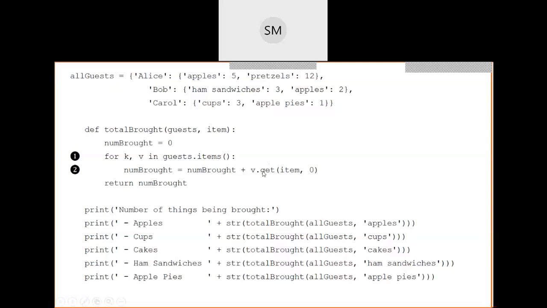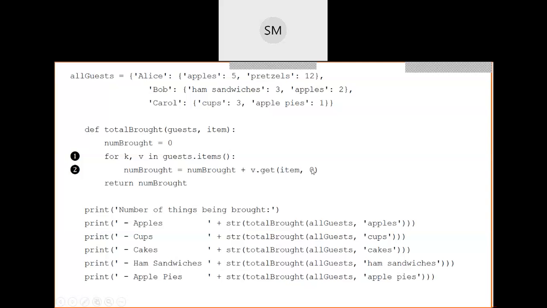And if that key is not present in our dictionary, it returns the value we write in this argument, that is 0. So it is searching for a particular item, and if that item is not present, it returns simply 0.